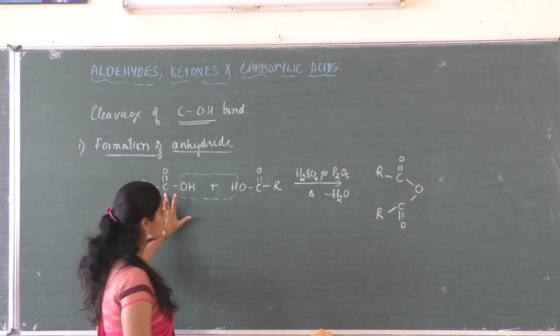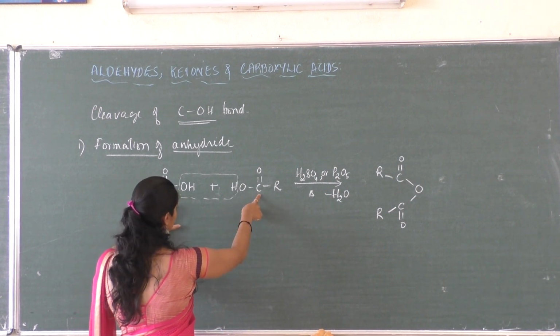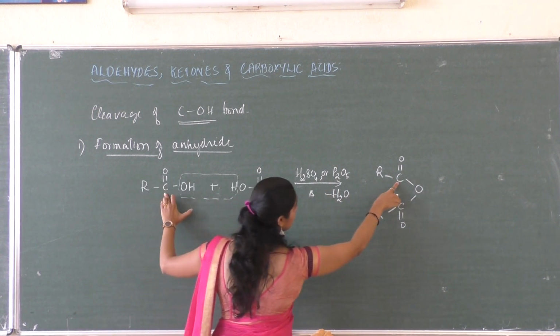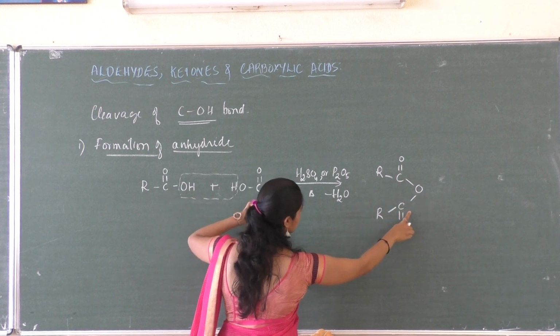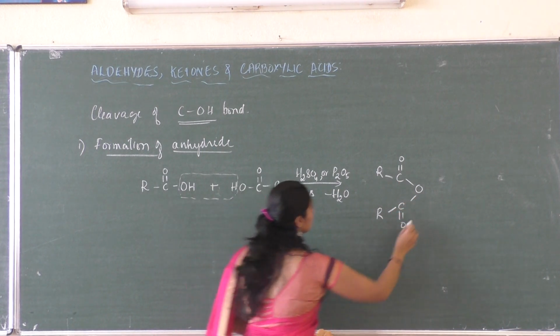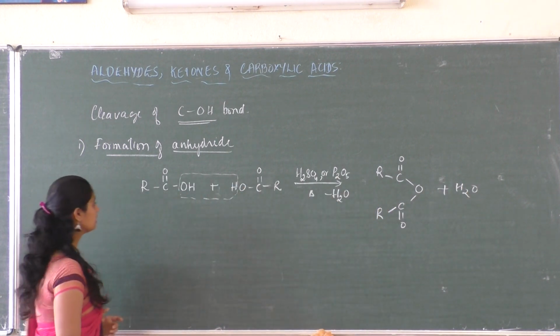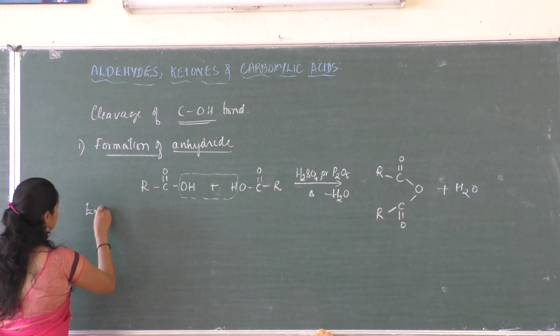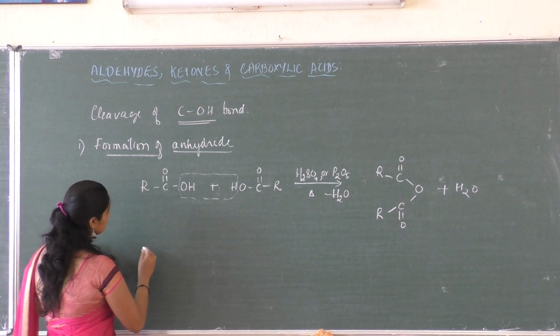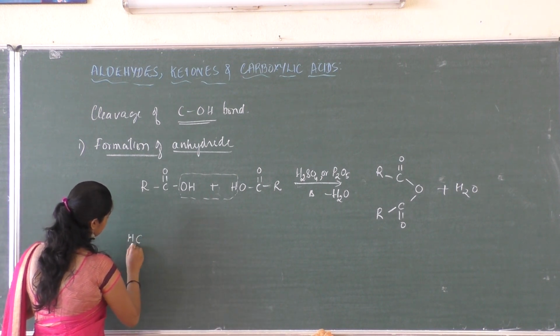A new bond is formed between these two carbonyl compounds by an oxygen. So it is RC=O attached to C=O R, plus water.